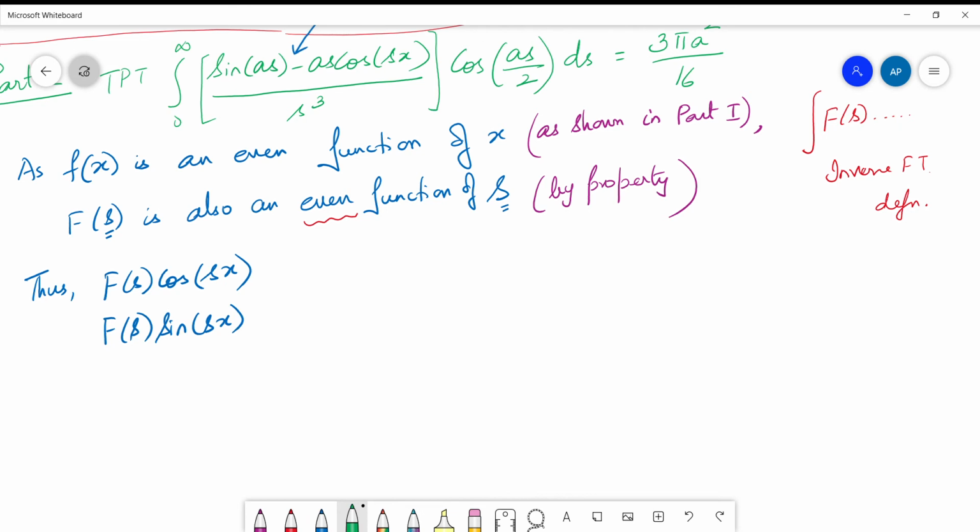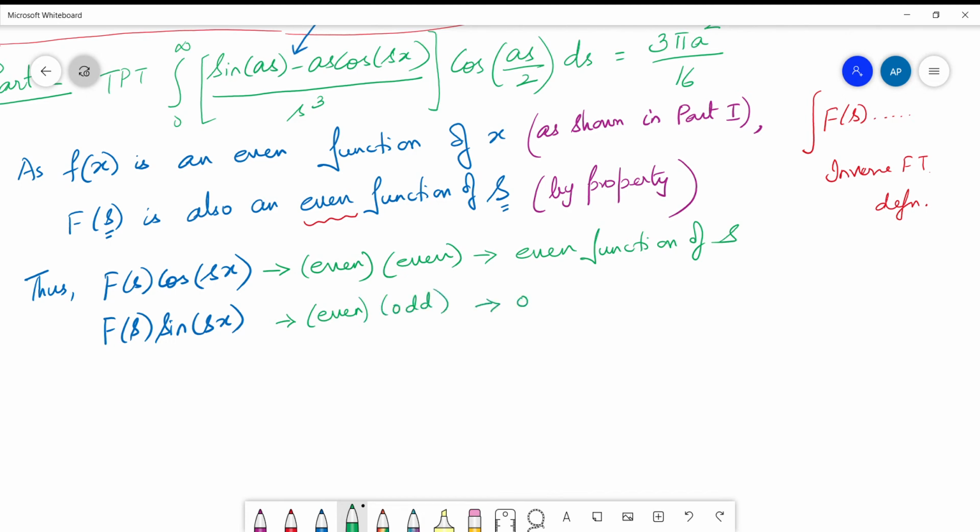Here f of s is even, cos is even, so the product of two even functions is again even. So this is an even function of s. And similarly, f of s into sine, which is even times odd, the product of even and odd is an odd function of s. So now we have found the nature of both f of s and the two products.